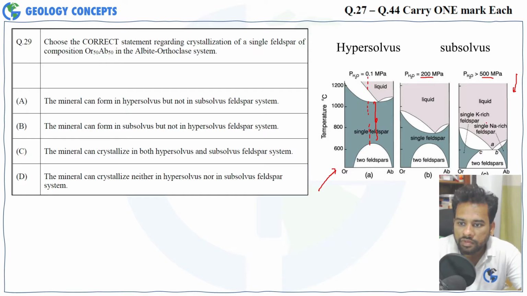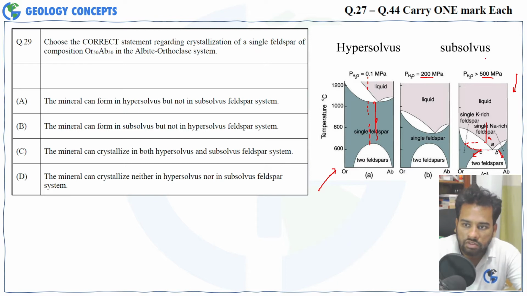Now if you have a 50-50 bulk, let's say the liquid bulk composition is 50-50, then in that case you will never get a single feldspar of this bulk composition, because at this point it will start to exsolve, and you will get two different feldspars from here on. You will never reach this point.